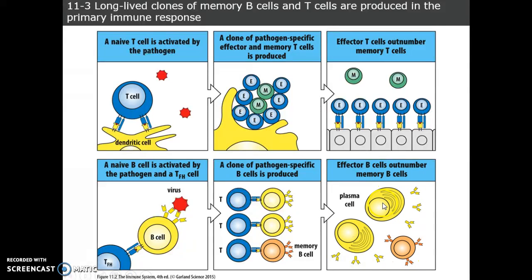It doesn't matter if you are a T cell or a B cell. In the primary immune response, effector cells are always going to outnumber memory cells because at the moment your immune system wants to clear that infection.